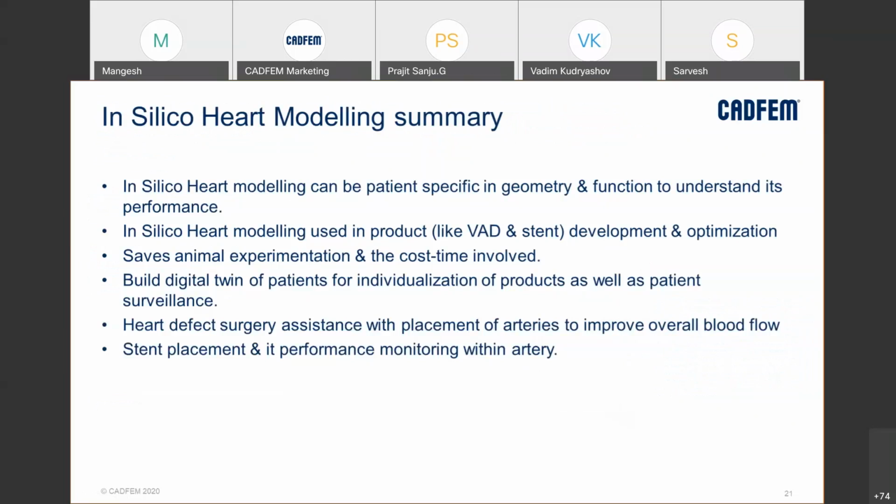If with testing we are able to have a very good agreement, it can be very effectively used to develop medical devices for us, so optimizing and developing devices like the ventricular assist device or the stents can be performed very well.